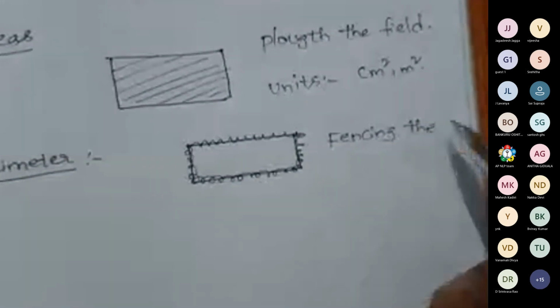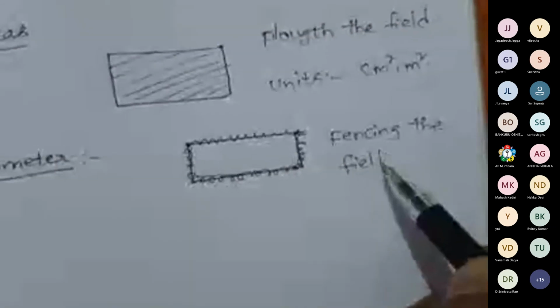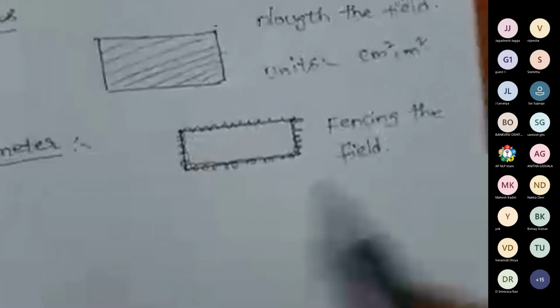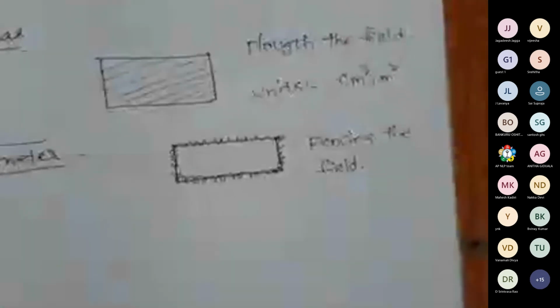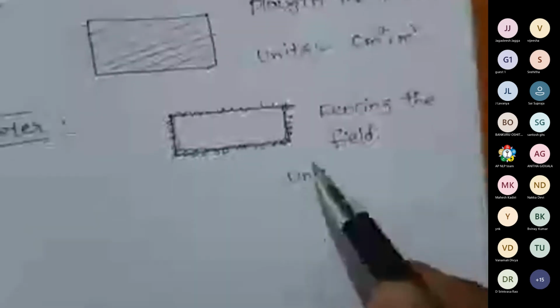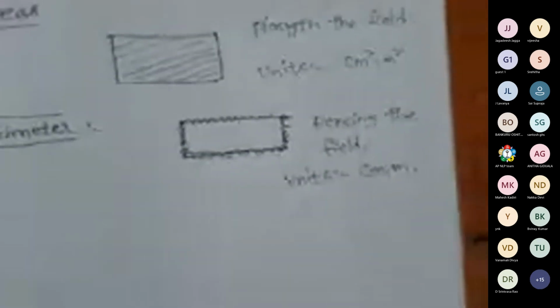Fencing the field is nothing but perimeter, not area, it is perimeter. What is the unit for perimeter? Centimeters or meters, right?